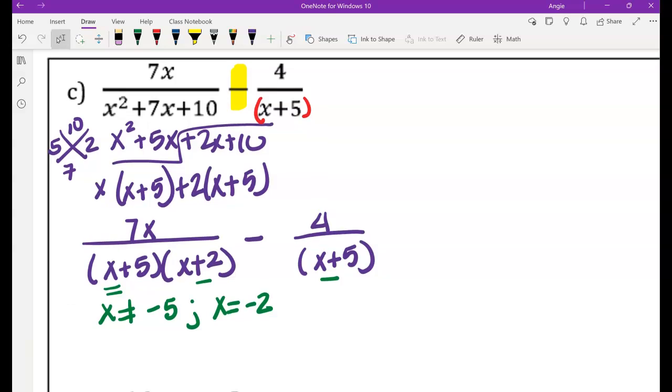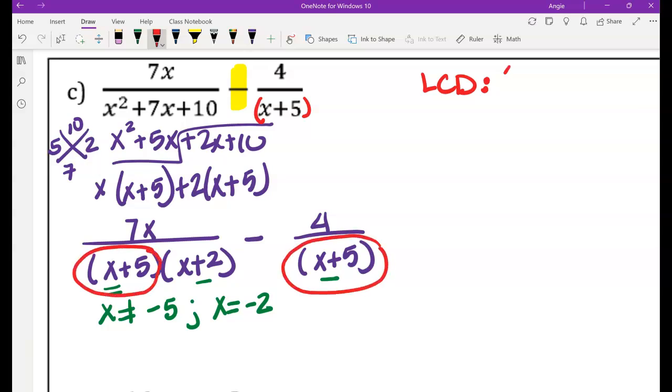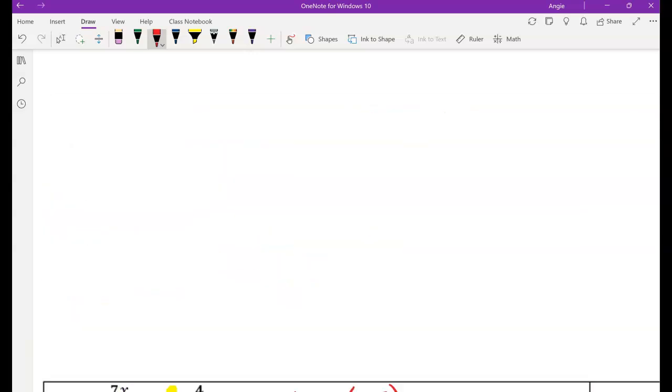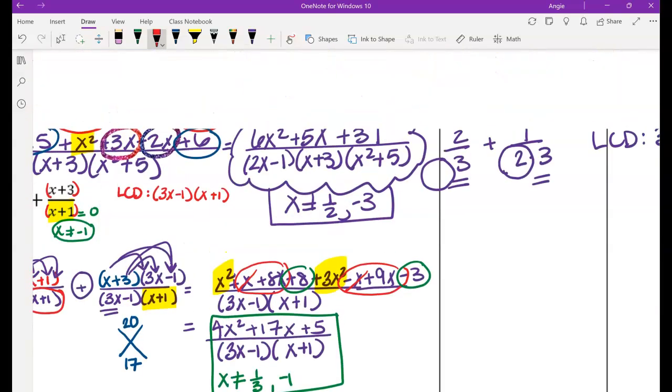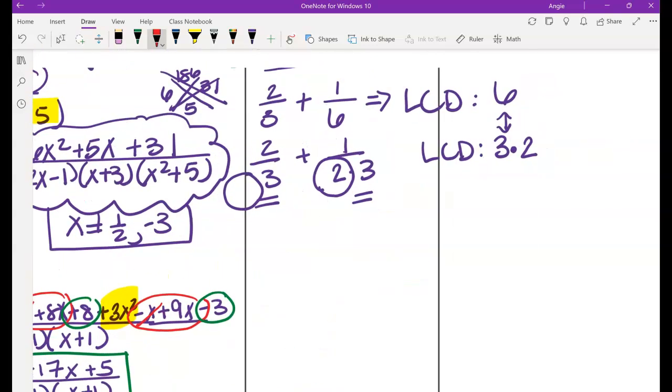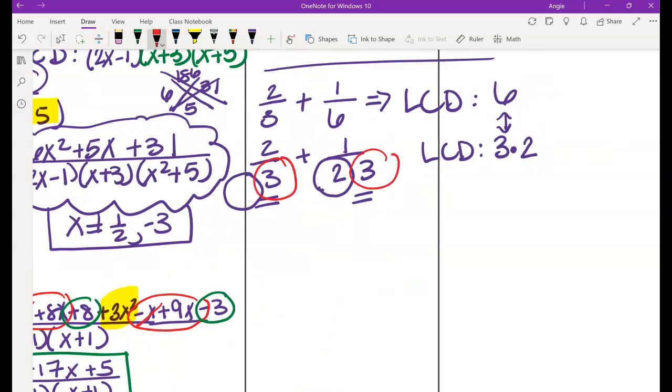All right, let's state the LCD, the lowest common denominator. Since there is one x plus 5 from each fraction, we are going to take just one of those. Now, if you need a reminder why we only take one, let's look really quickly at this one: 2 over 3 plus 1 over 6, our LCD is 6 because we only take one 3 and one 2.